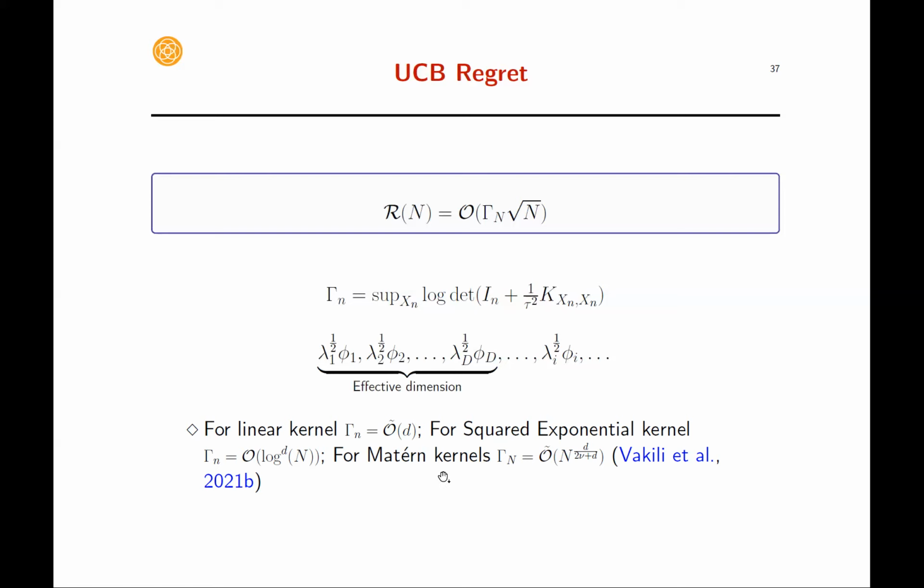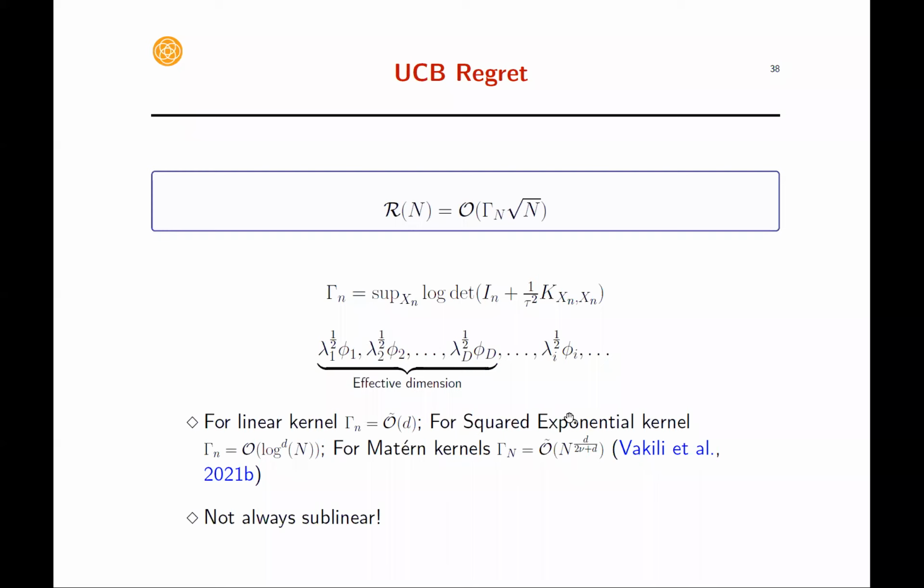But for kernels with more powerful representation capacity, which can represent rougher functions that are not infinitely differentiable, gamma n is polynomial in n, where the exponent depends on the smoothness of the function class.